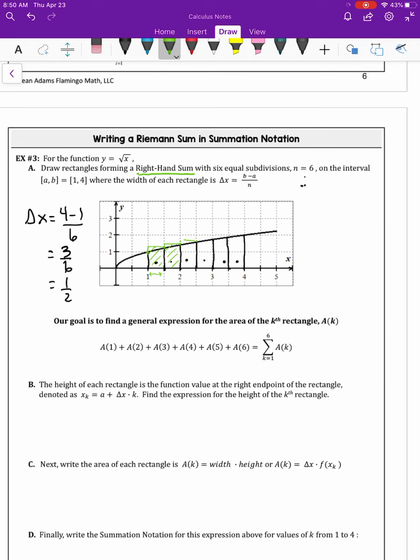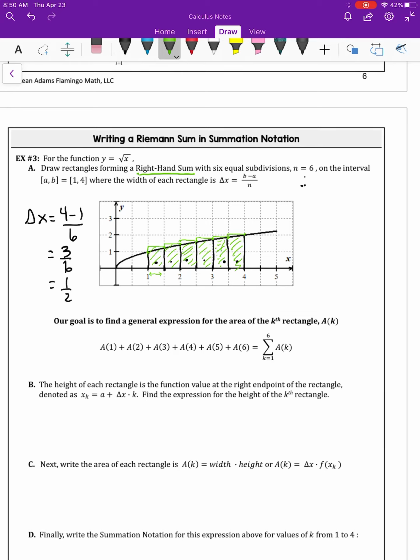Right-hand sum takes the right one over, and then that is the area that we're going to use as an estimate for the area under the curve. Right-hand sum, I go to the right, and then I go over and down to declare what my rectangle looks like, and that's the area I'm going to use for calculating.